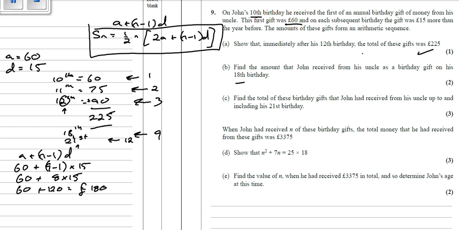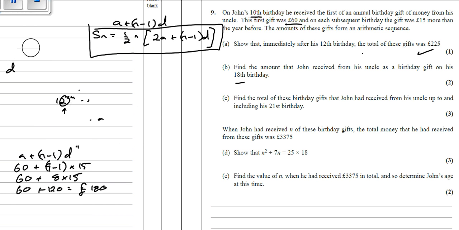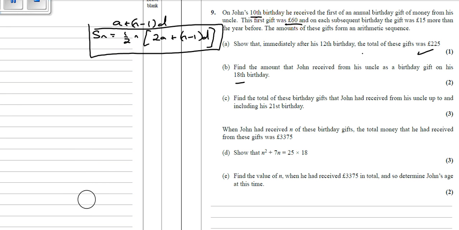We haven't got much space on this screen, so if we start this again here. So it's the 12th term, so n equals 12. We had a as 60 and d as 15. So it's going to be a half times 12, 2a, so that's 120, plus 12 minus 1, times 15.